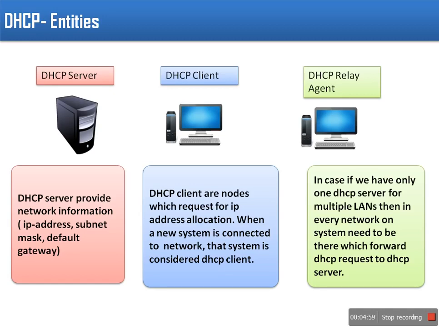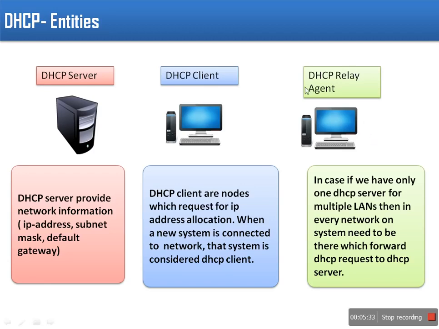In an organization, when we establish networks, there are chances that there are a number of local area networks, but for all of them we want to install only a single DHCP server. In some LANs there won't be any DHCP server, so whenever a new machine comes in those LANs, it sends a DHCP request, and that request has to be forwarded to the designated DHCP server.